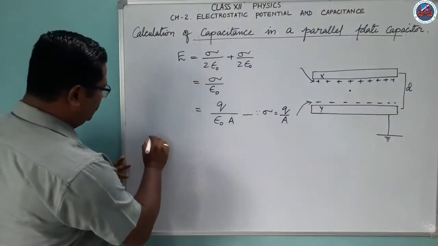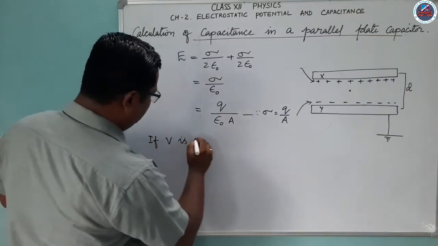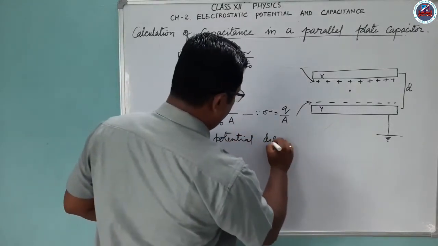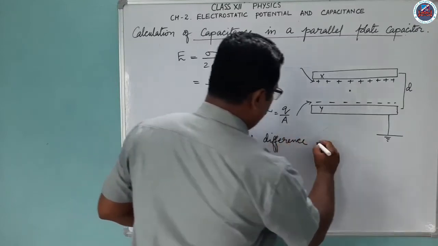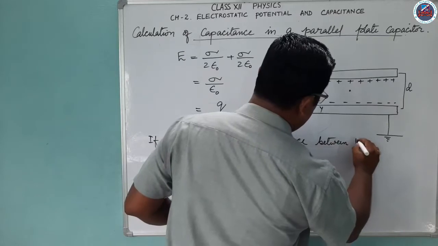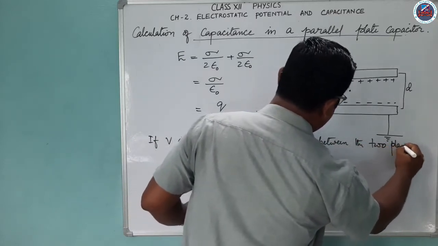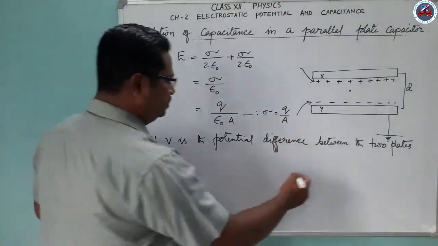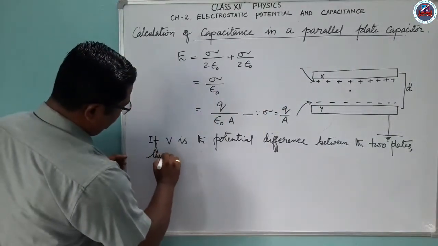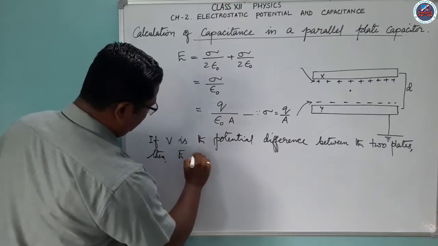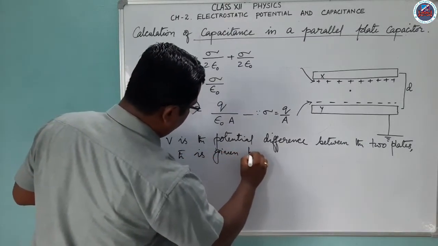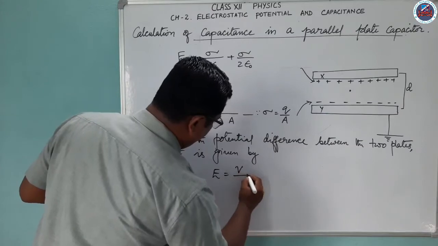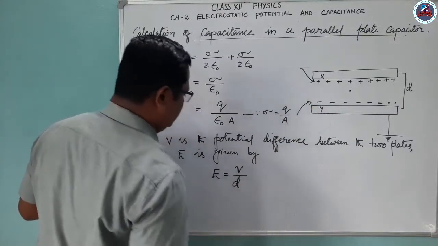Now if V is the potential difference between the two plates, then the electric field intensity is given by E equal to V divided by the distance of separation between the plates, d, so V by d.